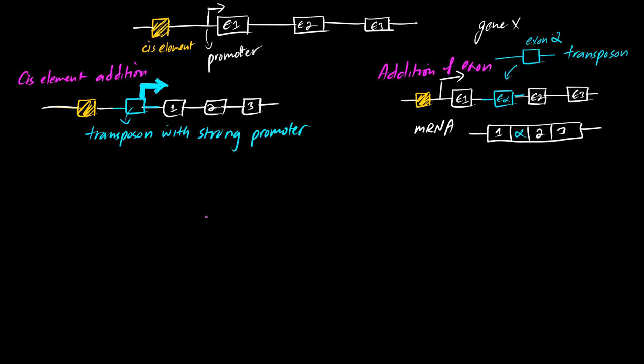Okay. Or we have cis element disruption. A transposon might insert itself. Again, we have the gene.